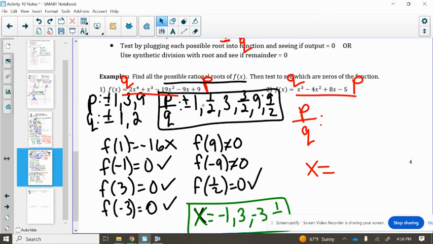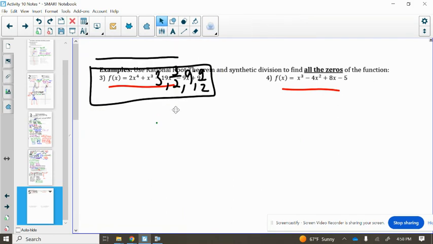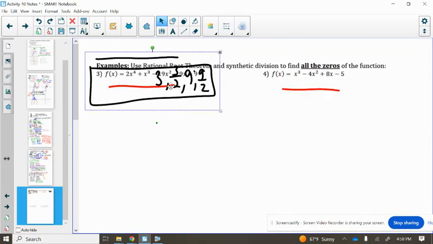So we said on this page here that our possible zeros for this function were given to us here.